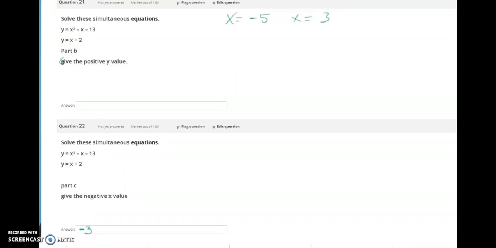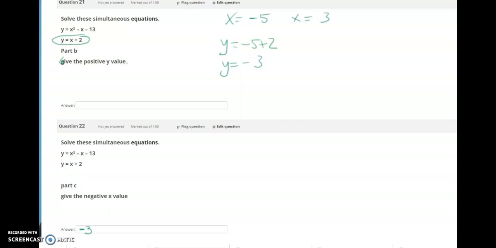So these will match with some values for y. So when x is minus 3, y is equal to minus 3 plus 2. I'm just using one of the two equations that we have in there. The second one is easier, so I'm going to use that. So minus 3 plus 2 gives us minus 1.